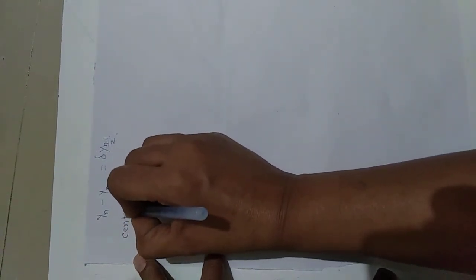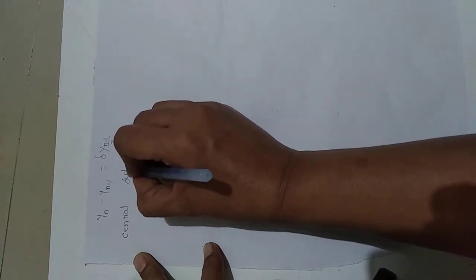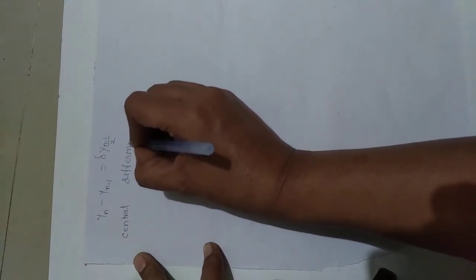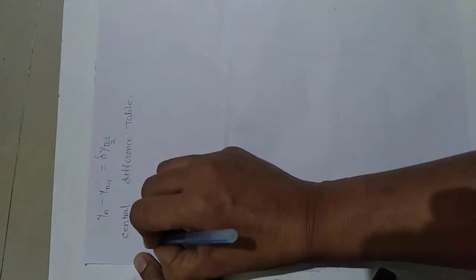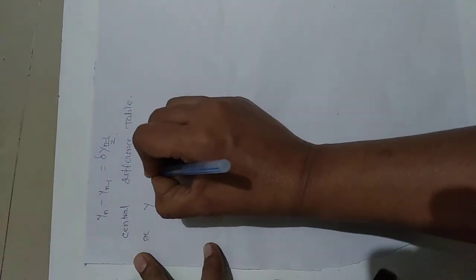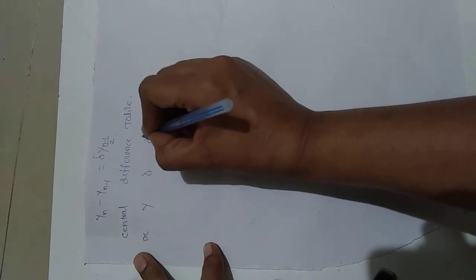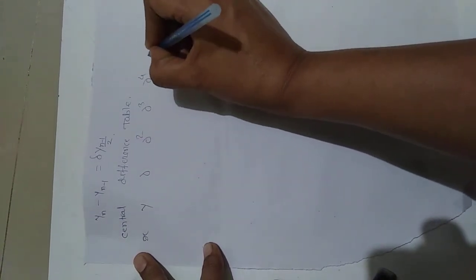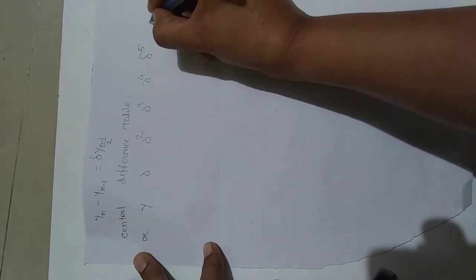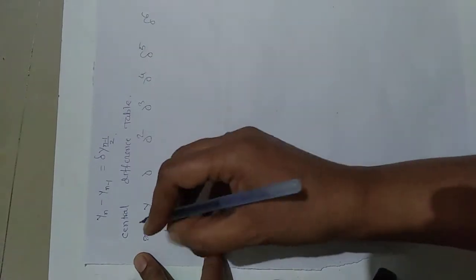And the central difference table. Put the values of x, y, del, del square, del cube, del raised to the power 4, del raised to the power 5, del raised to the power 6.